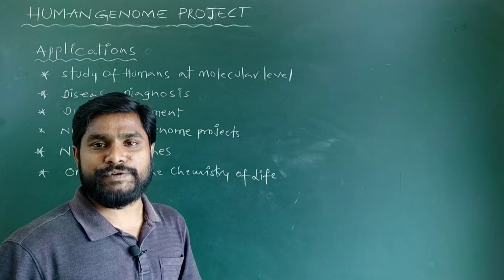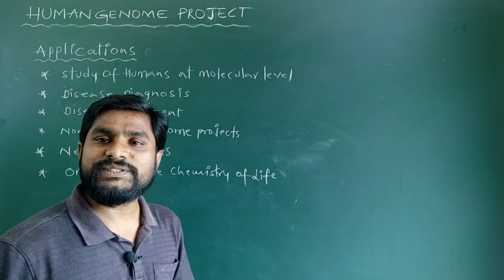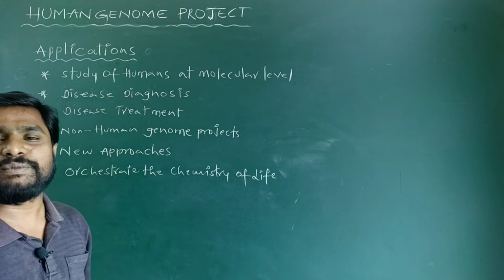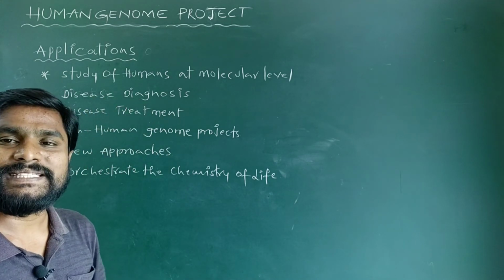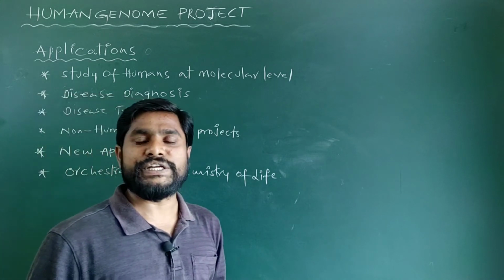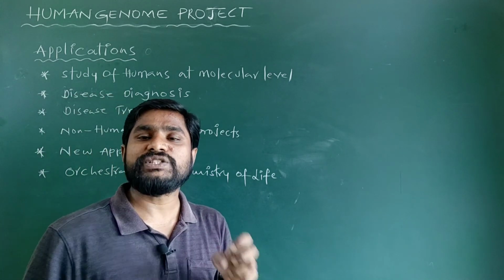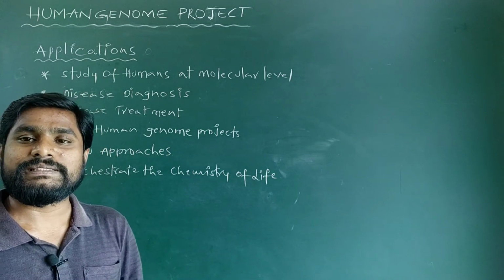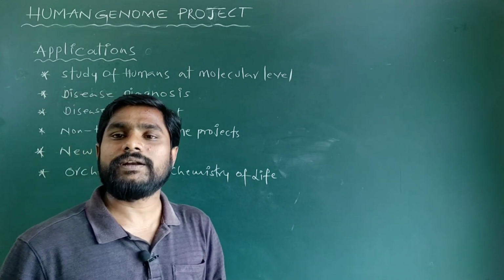How can we diagnose disease by using the Human Genome Project? That is very simple. Just by comparing the defective genes of a diseased individual with the normal genes of a healthy individual, we can come to know whether the individual is diseased or not.